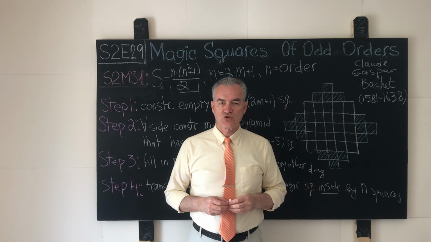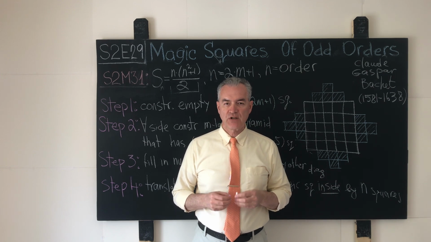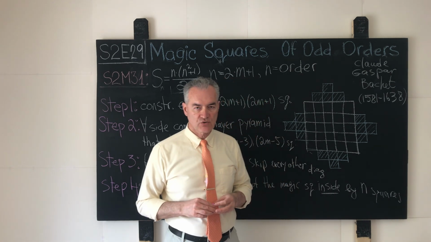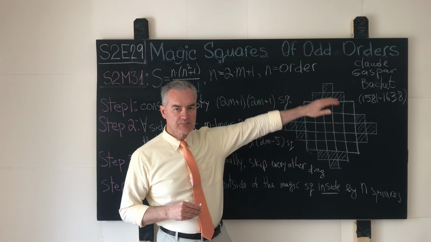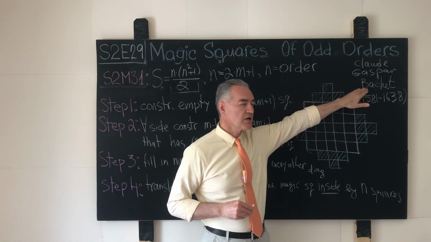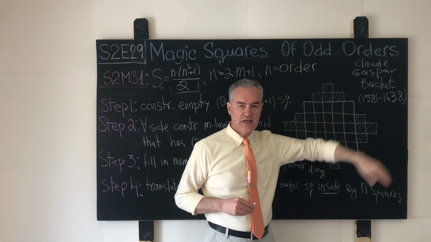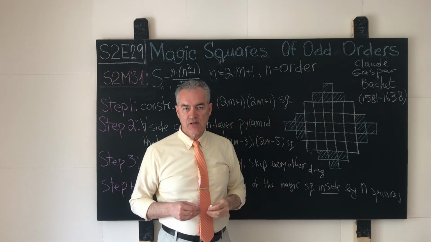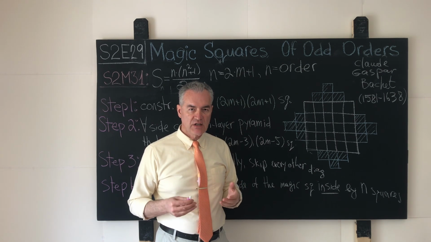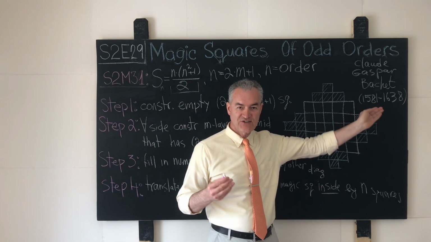The algorithm for constructing arbitrary magic squares of odd orders that we will consider in this episode, to the best of my knowledge, belongs to a French mathematician whose name is spelled in the upper right corner of your monitor, Claude Gaspar Bachet. He lived between the years 1581 and 1638. When exactly he came up with the algorithm I'm about to describe, I'm not sure. Evidently, it happened sometime between 1581 and 1638.